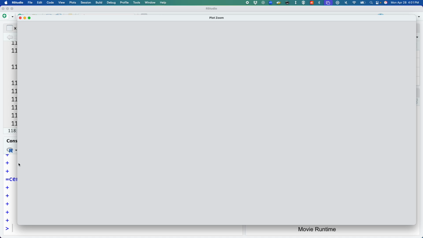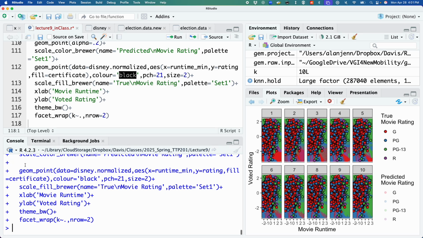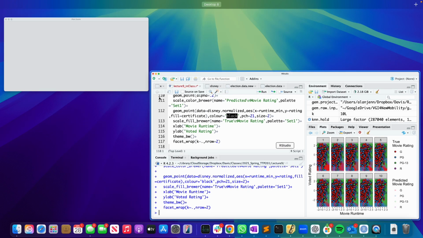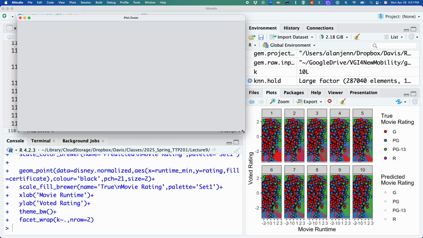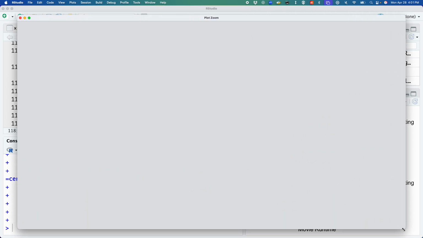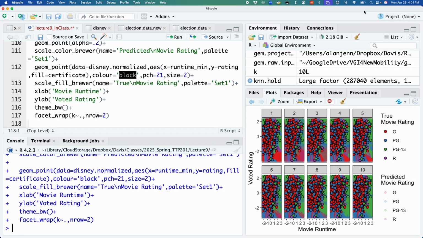And why is this, is it still going? Come on. Well, while we wait for that, I'll just show you. At k equals 1, it looks something like this.